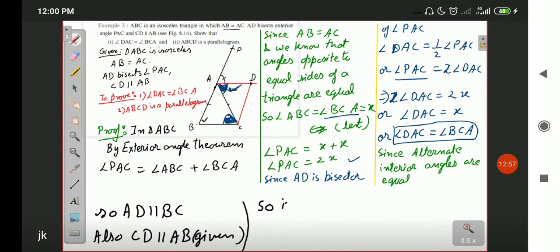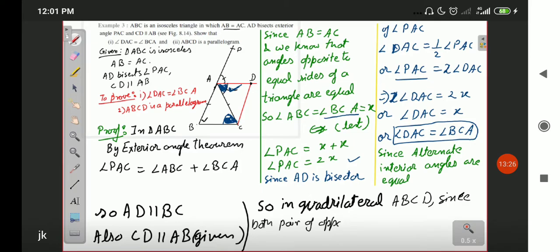So, in quadrilateral ABCD, since both pairs of opposite lines are parallel, ABCD is a parallelogram.